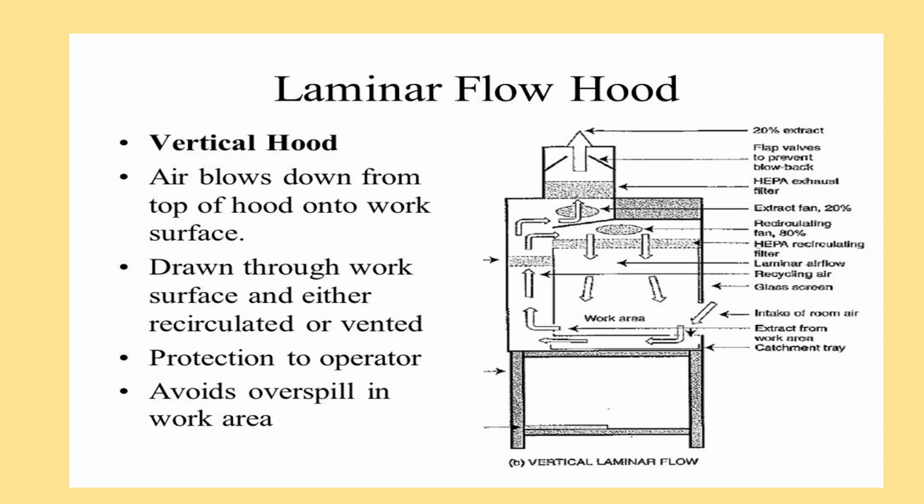This is the particular direction of the laminar flow hood. The work area is here, the HEPA filter and exhaust filter are here. This is the recirculating fan, so air is entering from this side and from these particular directions.